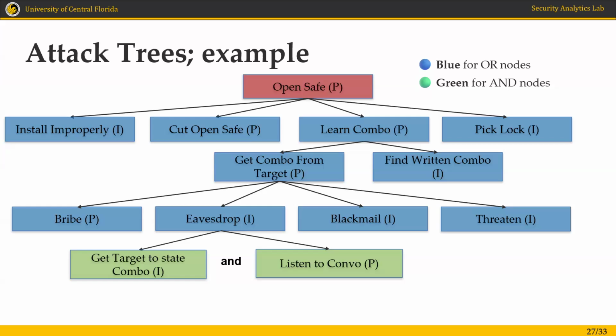So getting the combo from the target can have various objectives as we see below, such as bribe, eavesdrop, blackmail, or threaten. And eavesdrop here is to listen to combo. Here it is possible because that system is secured from this perspective, and get target to state code is impossible. So sorry, impossible, and possible to listen to the combo, obviously with eavesdropping.